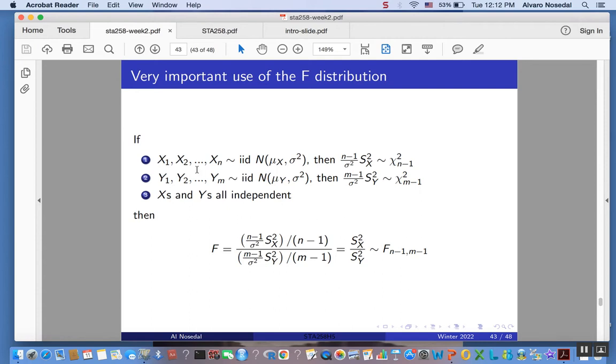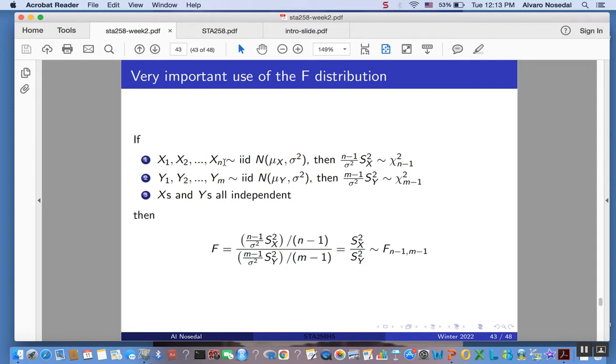Remember what we said when we discussed theorem 7.3: if you have a random sample of size n coming from a normal with mean mu and variance sigma squared, then the quantity n minus 1 times the sample variance s squared divided by sigma squared has a chi-square distribution with n minus 1 degrees of freedom.